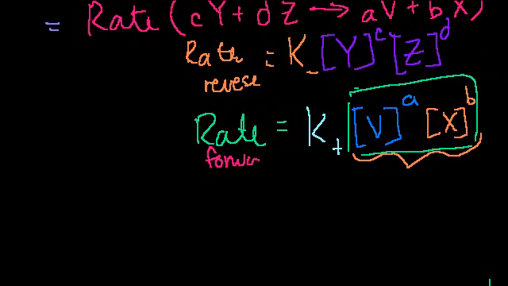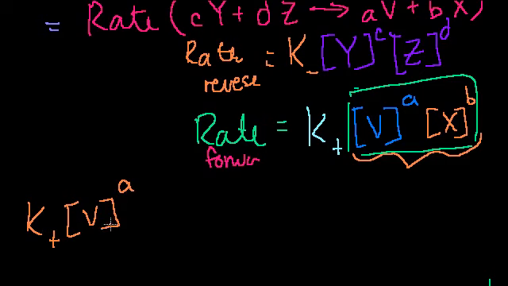When the forward rate is this, that's our forward constant, which took into account a whole bunch of temperature and molecular structure and all of that, times the concentration of our V molecule to the A power. You can kind of view that as the probability of finding molecules in a certain volume, and that volume can be factored into that K factor as well.